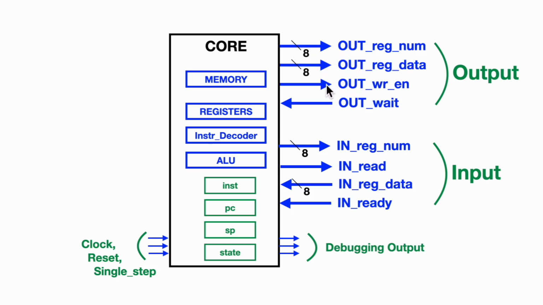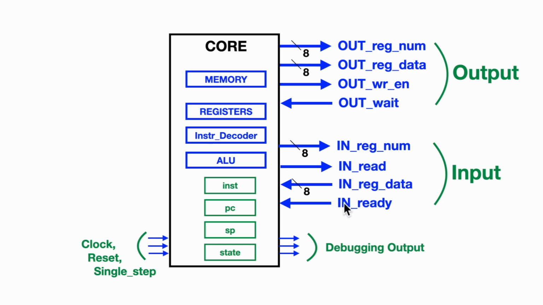So in order to do an out instruction, the core will raise this out write enable signal for one cycle, and at the same time it will output a value on the register number and the register data, the register number that we want to be sending data to and the data that is to be written to that register. The I/O peripheral can then raise the output wait signal, and that will suspend the core's execution, and the core will be suspended until the output is available.